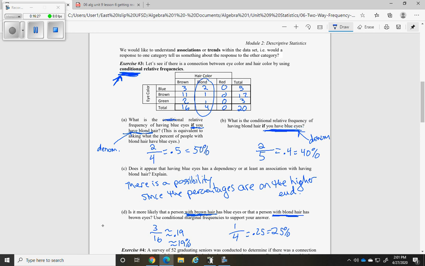hair has blue eyes. And with another class, more people, maybe those results would be different, but I can only base it on what I see here. I wrote the 2 fractions, compared the 2%.